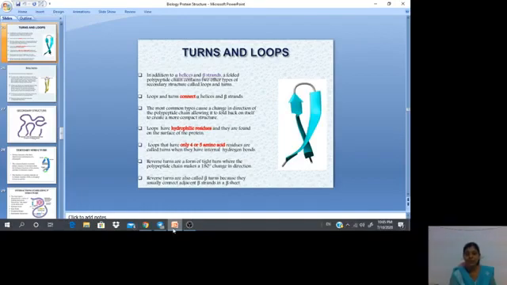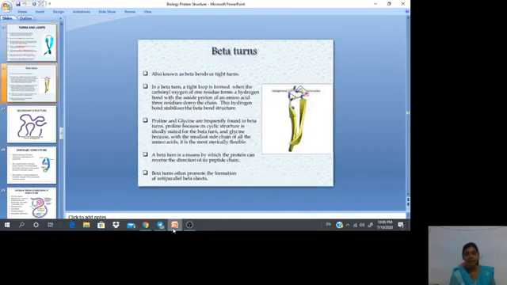Loops have hydrophilic residues and they are found on the surface of the protein. Loops that have only 4 to 5 amino acid residues are called turns when they have internal hydrogen bonds. Reverse turns are a form of turn where the polypeptide chain makes a 180-degree change in direction. Beta turns are also present. These are also known as beta bends or tight turns.